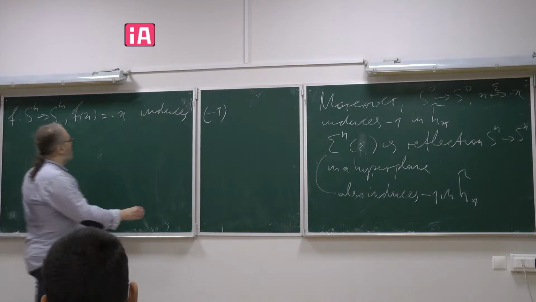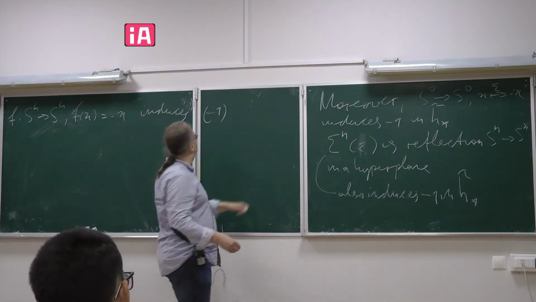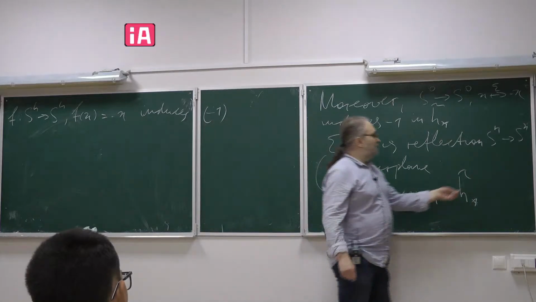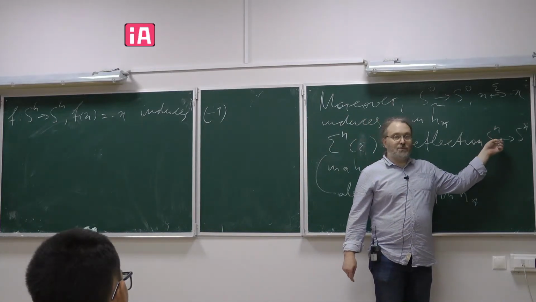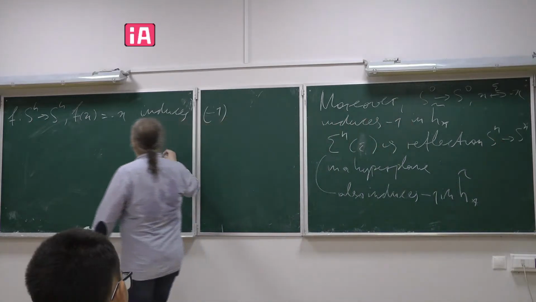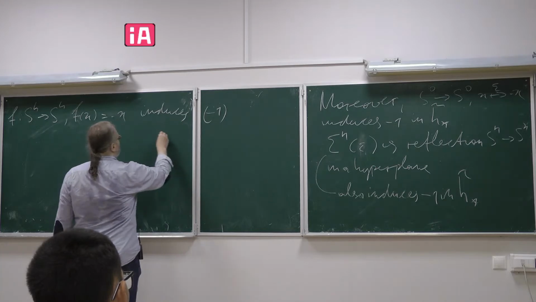Okay, so we want to calculate the map of the reduced homology of Sn induced by this.